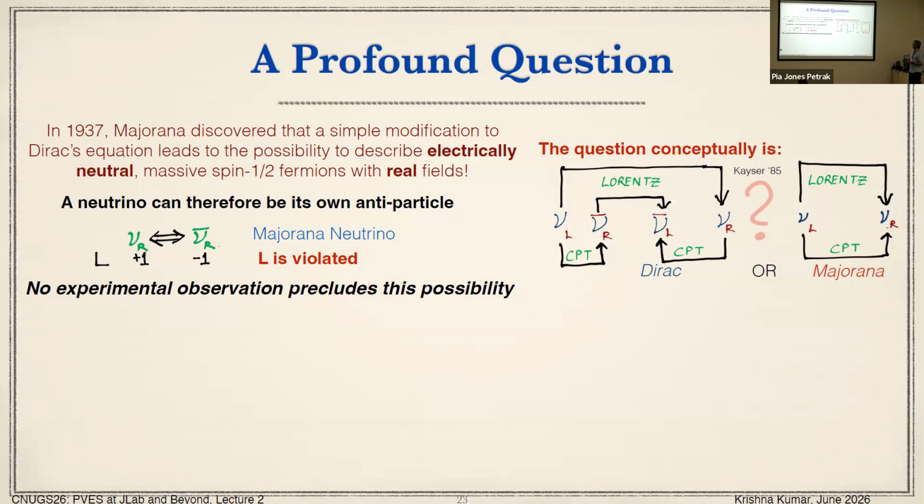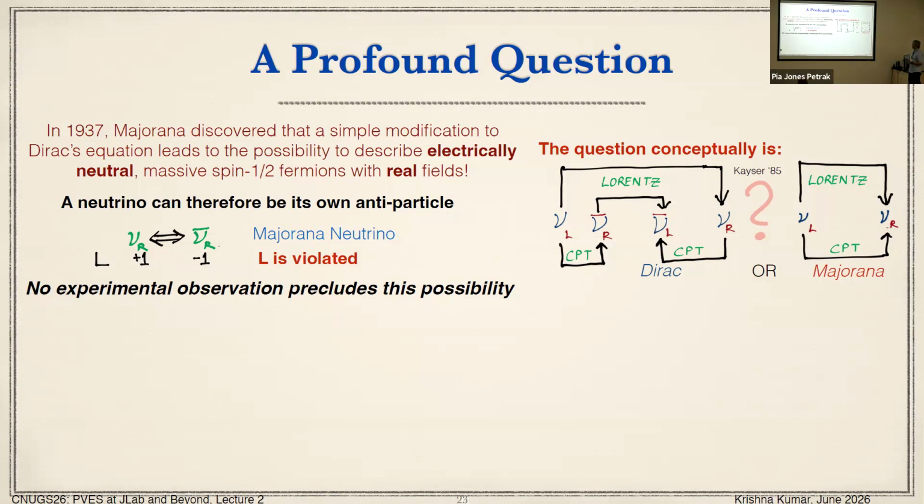But if I just do a Lorentz boost on a left-handed neutrino, do I end up with the right-handed neutrino? Do I end up here? Or with a Lorentz boost, do I directly get the right-handed neutrino?